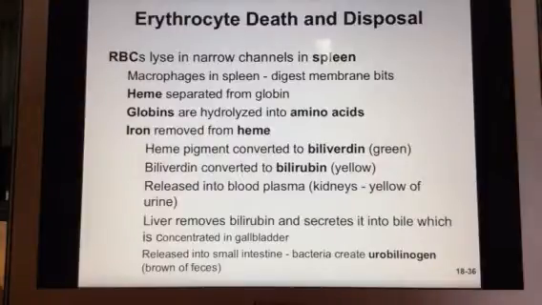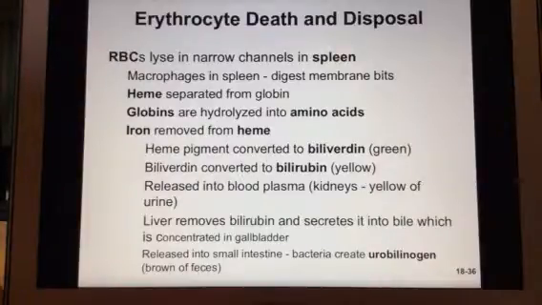Okay, so once that 120-day life of a red blood cell is up, it lyses, which means it bursts, in the narrow channels in the spleen. And there are macrophages in the spleen to help digest those parts that have burst. The heme group is separated from the globin of the hemoglobin, and so the globins are broken down into amino acids, and the iron is removed from the heme.